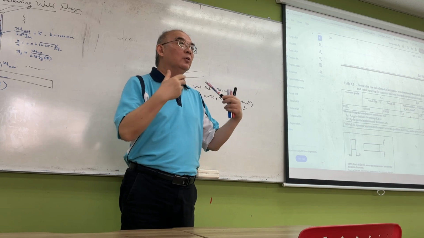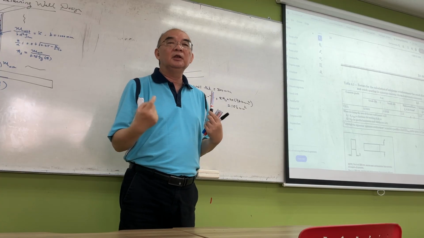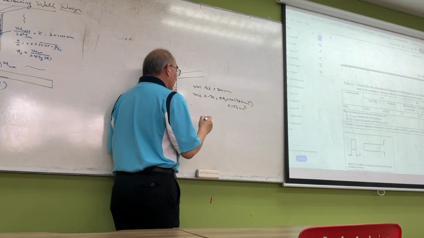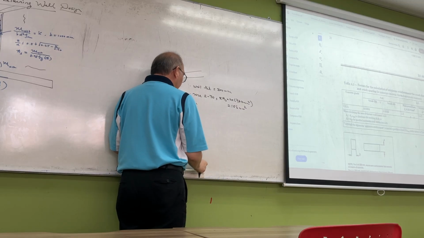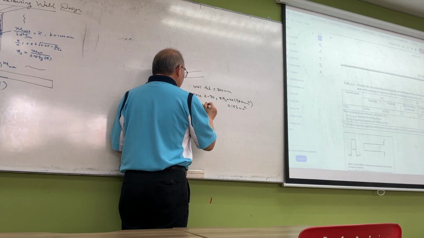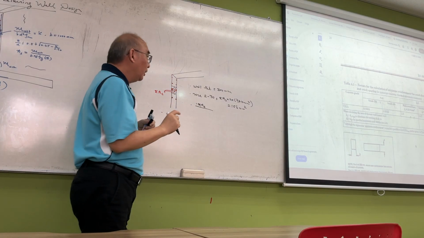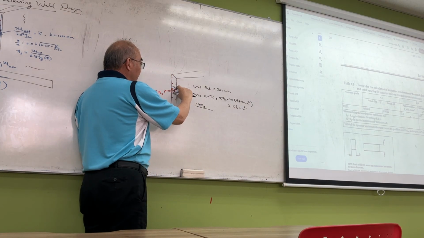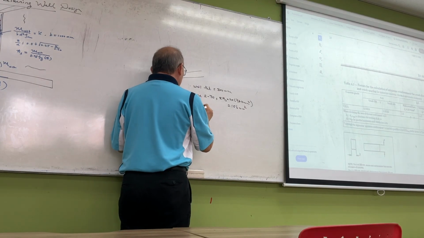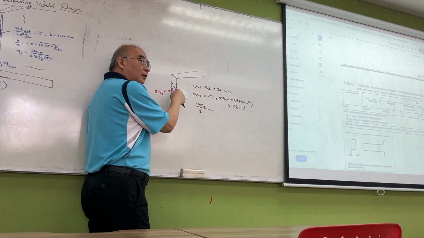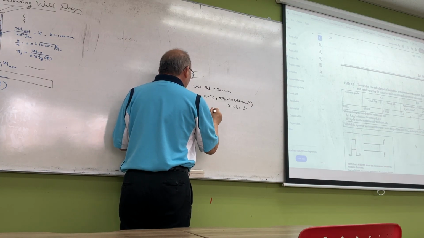At the spacing such that the reinforcement ratio is 0.25%. That means the summation of AS, this is the steel area, and then the concrete area. The concrete area for these 2 bars is the spacing multiplied by the thickness.